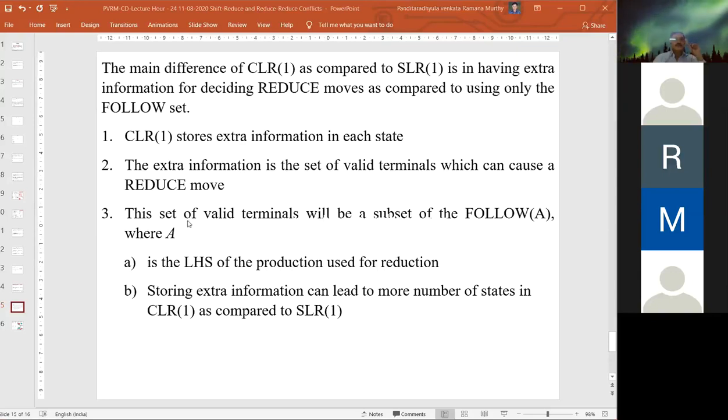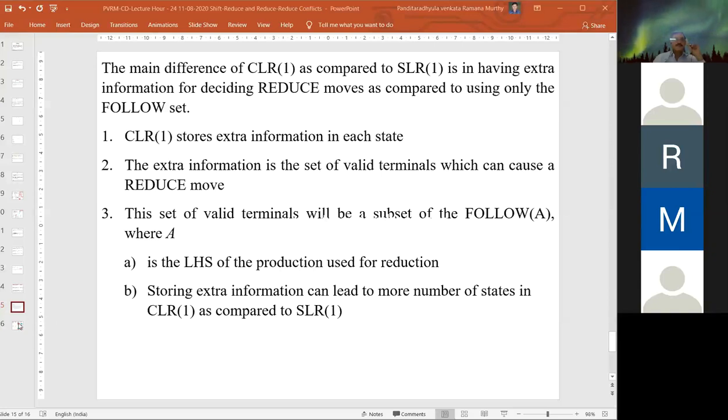The set of valid terminals is a subset of Follow(A), where A is the left-hand side of the production used for the reduction. Storing extra information can lead to more states in CLR1 as compared to SLR1.